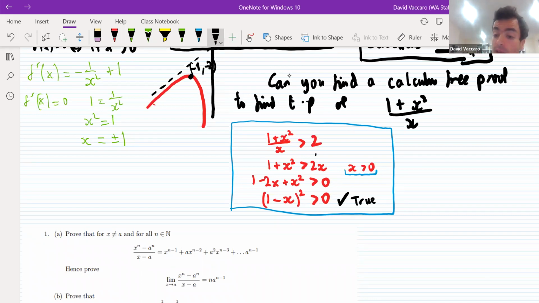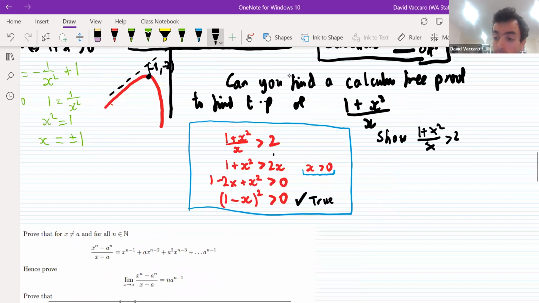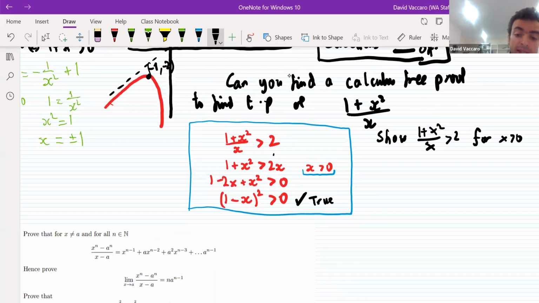Or you might conceive of the question, show 1 plus x squared over x is bigger than 2 for x bigger than 0. The problem with the proof as presented on the left is the order in which it's written and the fact that there's no connections that are drawn between the different lines.